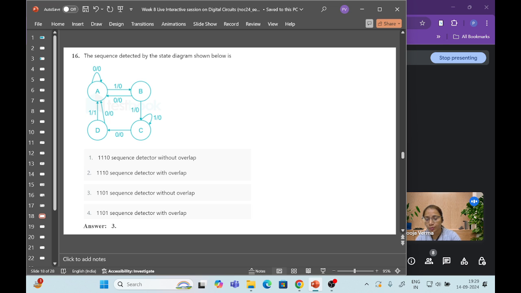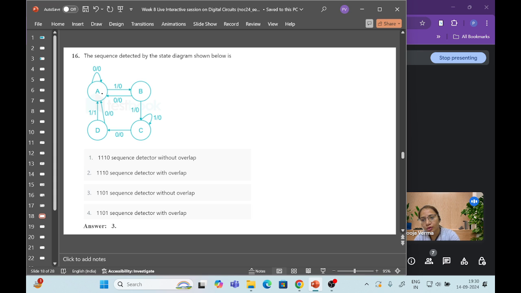So these are the options. Let's check what sequence has been detected. Already we know we have to start from the initial state, that is state A. See only those inputs by which we can move in the forward direction. Just note down the inputs here because we need to check which sequence we have detected.